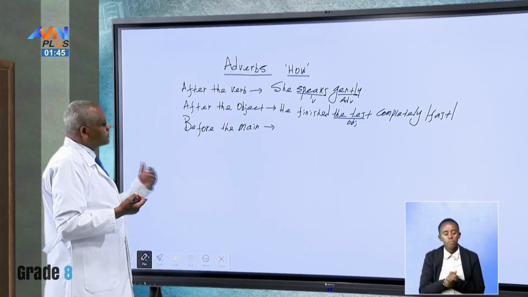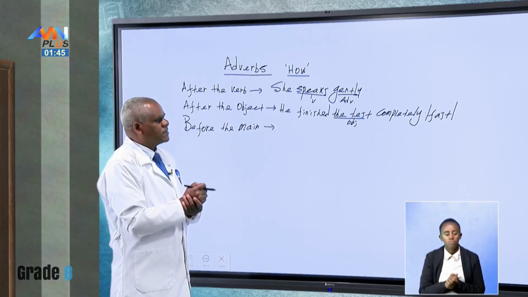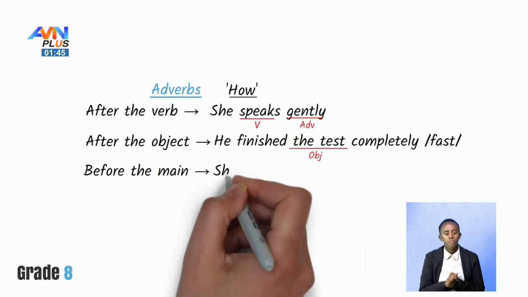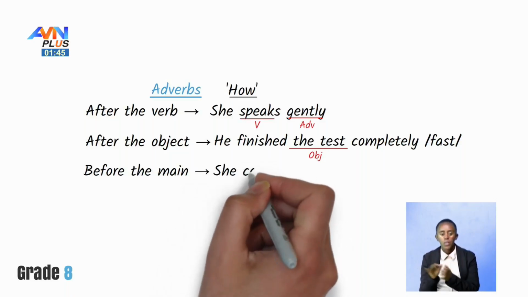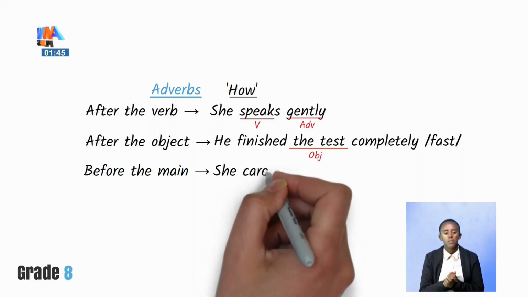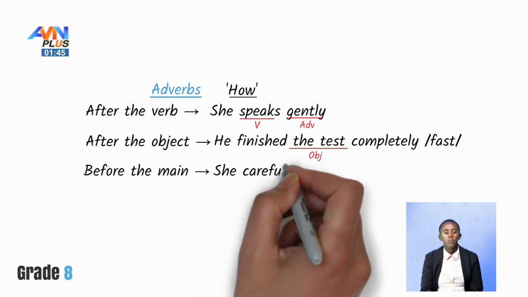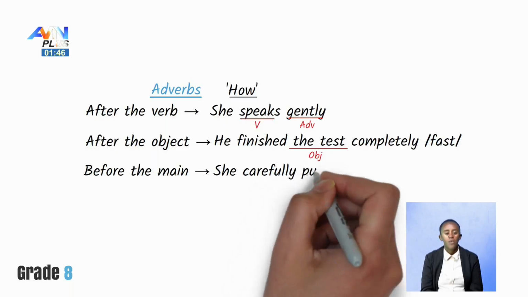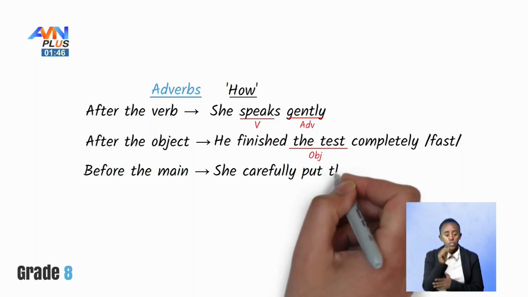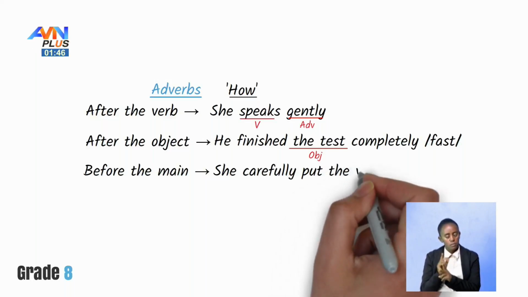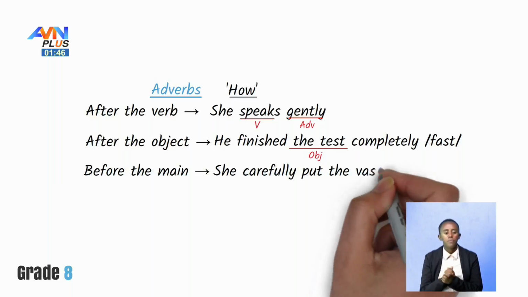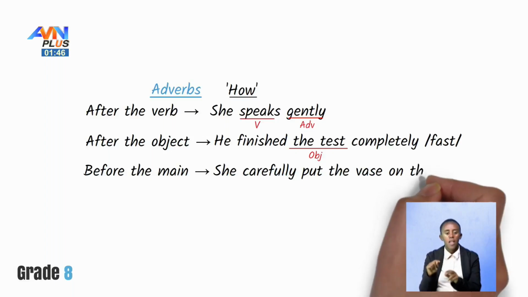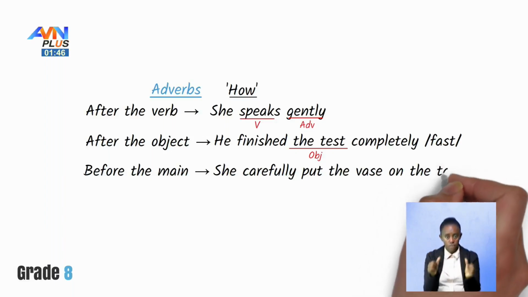Okay, before the main verb. What do you mean by that? Before the main verb. Very nice. She carefully put the vase on the table.